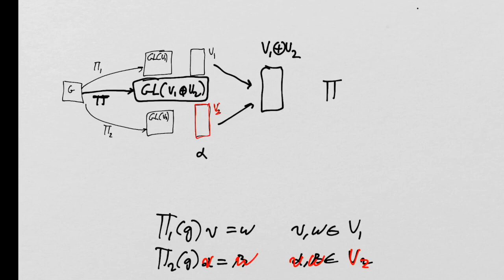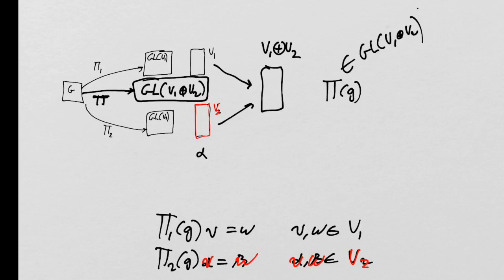It's pi acting on an element in G, which is a way of saying I take an element of G and I'm looking for an element in the general linear group, and that element is selected by this representation pi. So this is understood to be an element of the general linear group of V1 direct sum V2.